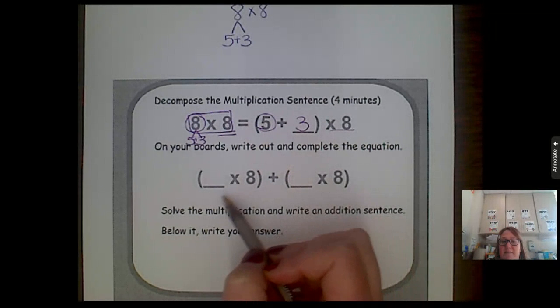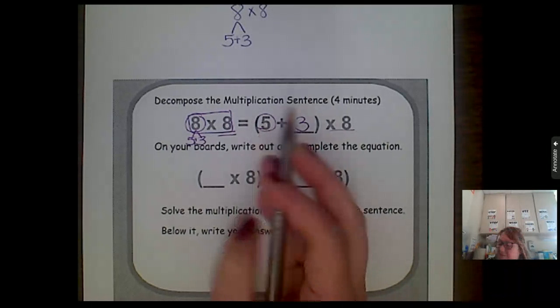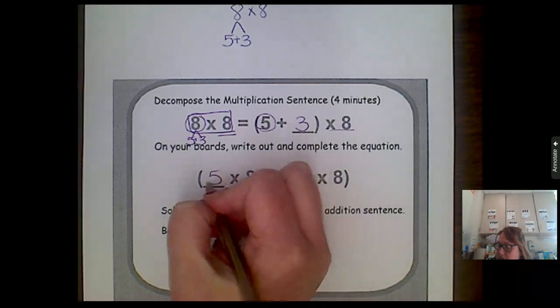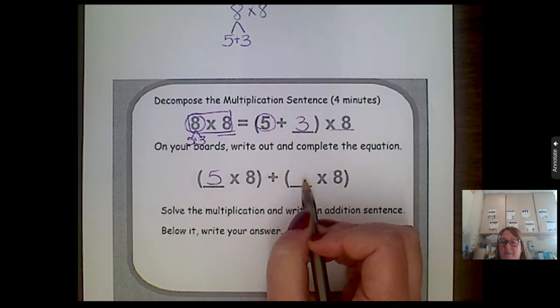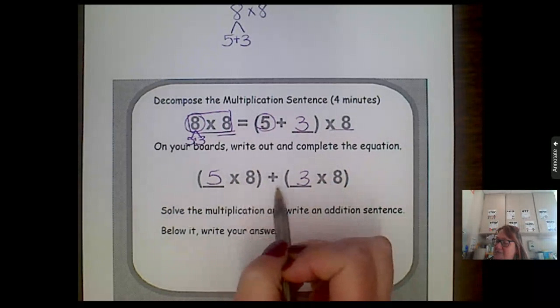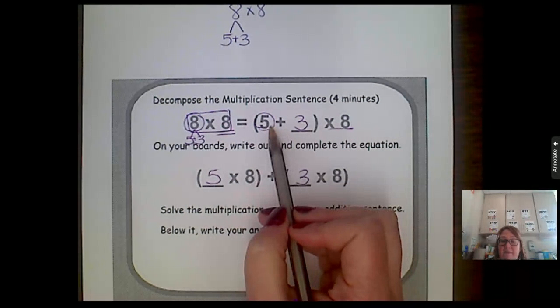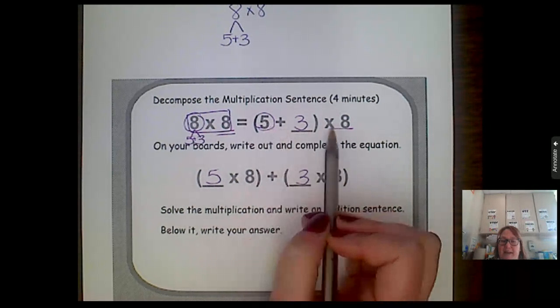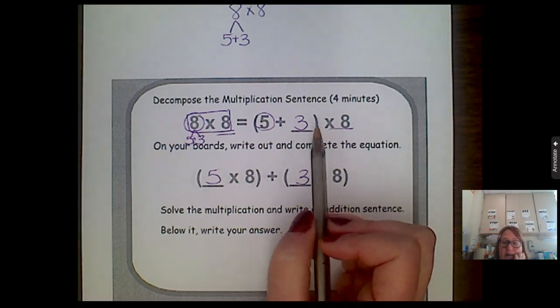So blank times 8 plus blank times 8. This would be 5 times 8 plus, what goes there? 3 times 8. So 5 times 8 plus 3 times 8. This would be like 5 rows of 8, and then 3 rows of 8. So this would be using the distributive property if I broke up my array.